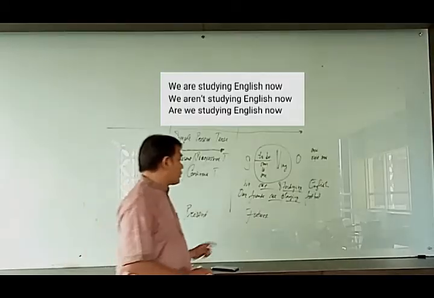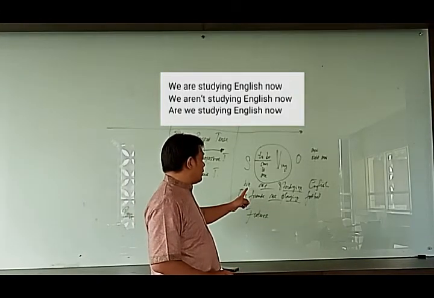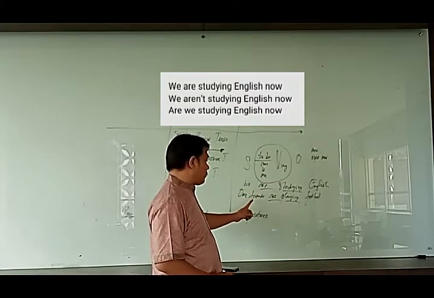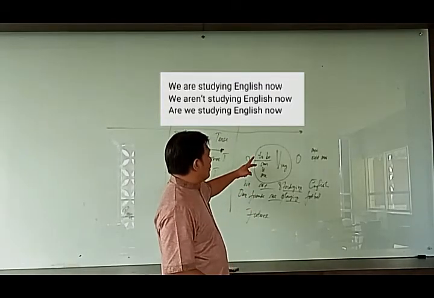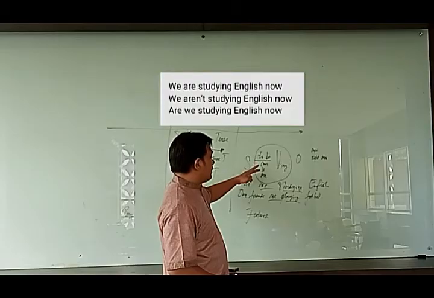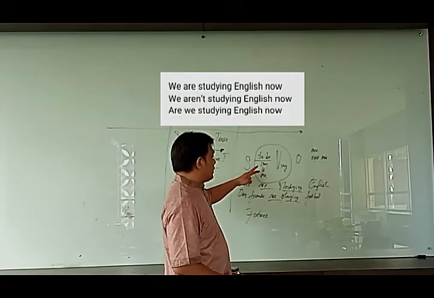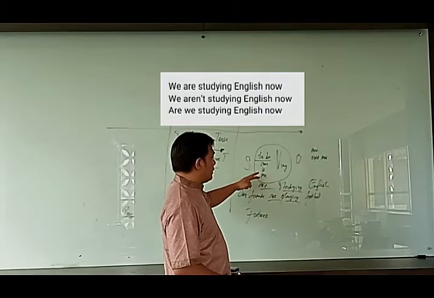We use are for they, we, you. Our friends, they. We use am for I, is for she, he, it, and then are for they, we, you.